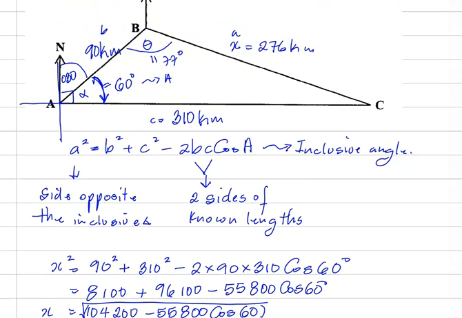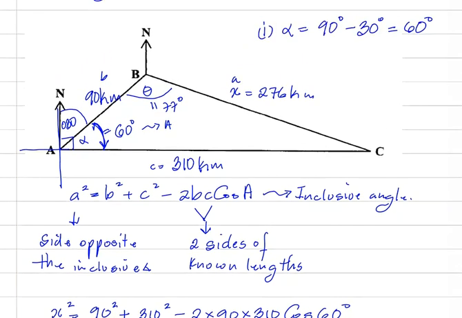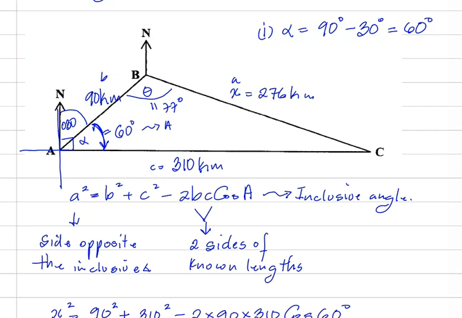All right, so let's see what's the final thing we have to do. The final thing we have to do, part IV, is to determine the bearing of Compton from Belleville. So let's go back to our diagram and put in the angle that represents the bearing of Compton from Belleville. So I'm given direction from Belleville.